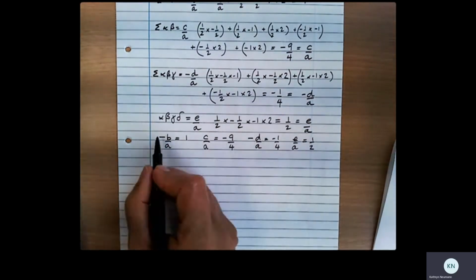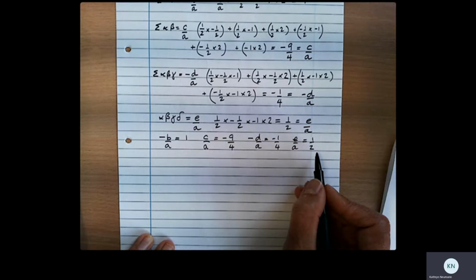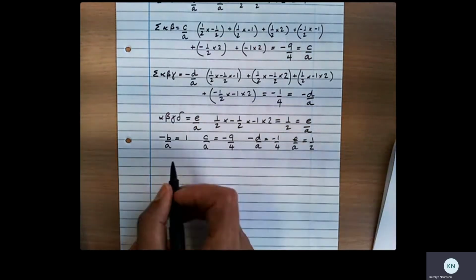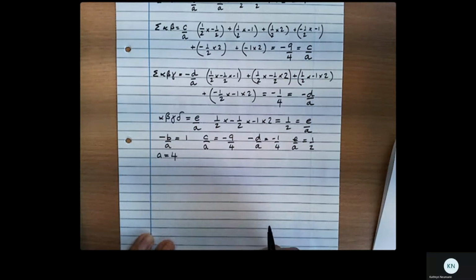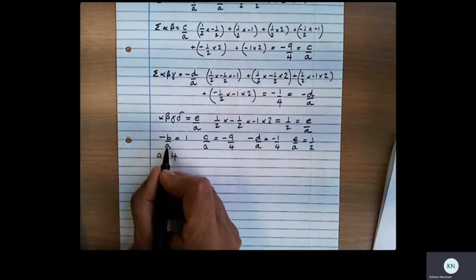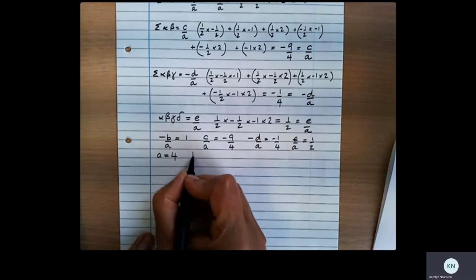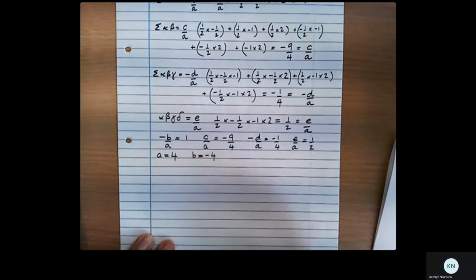Now, because these need to be integers, as the question asks for integer values, then we need to set a equal to 4. So if I set a equal to 4, then minus b is equal to 4 times 1, so b is equal to minus 4.